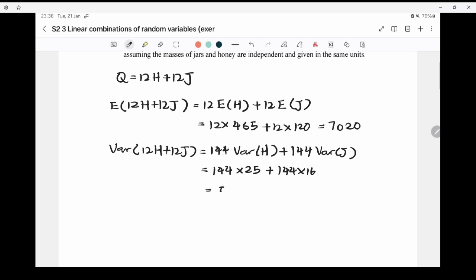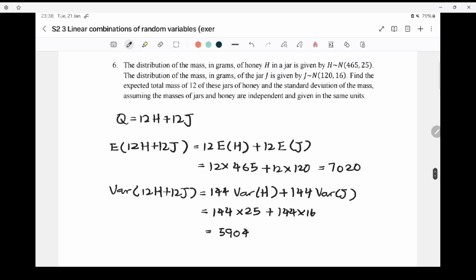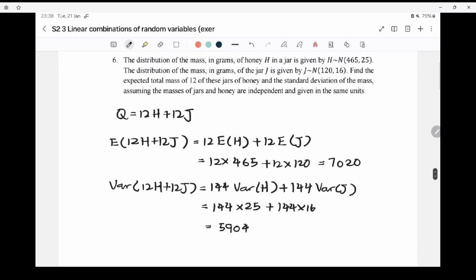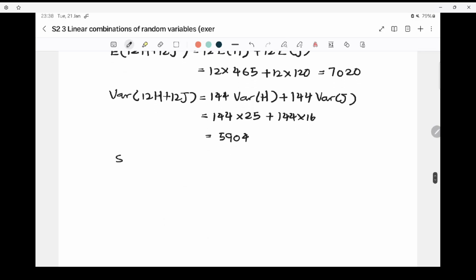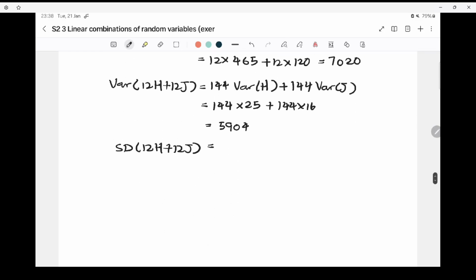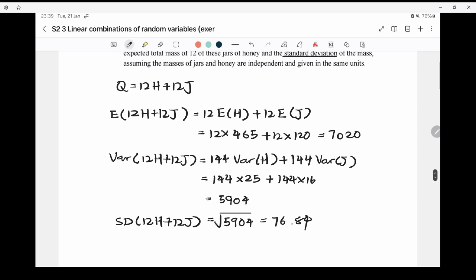And this is 5904. But look at the question. The question asks you to find the standard deviation, not the variance. So finally, you need to find the standard deviation of 12H plus 12J. This is the square root of 5904, which is around 76.84. Okay.